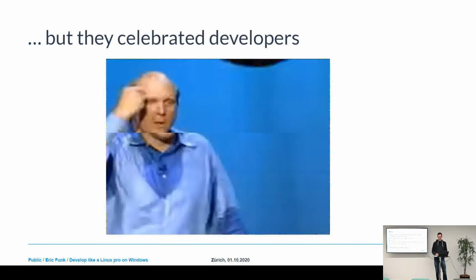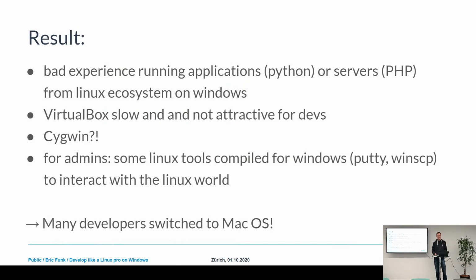Apart from that craziness, you generally had a really bad experience running and developing applications outside of the Windows ecosystem. There was a Python port. Some people even compiled PHP to run on IIS. There was VirtualBox to run virtual machines, Cygwin, but as I said, for me, it was not a good development experience.